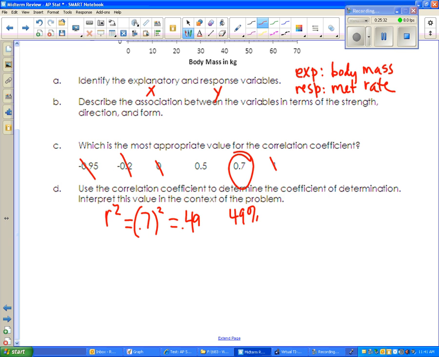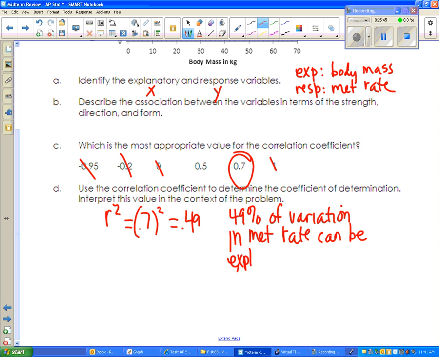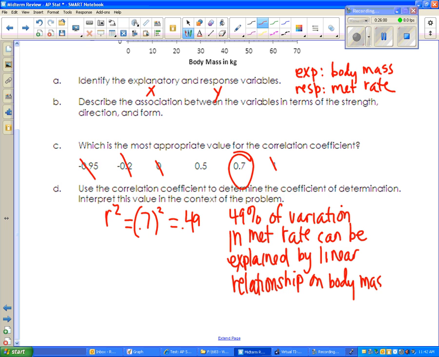This tells us that 49% of the variation in the y variable, which in this case is metabolic rate, can be explained by a linear relationship on the body mass.